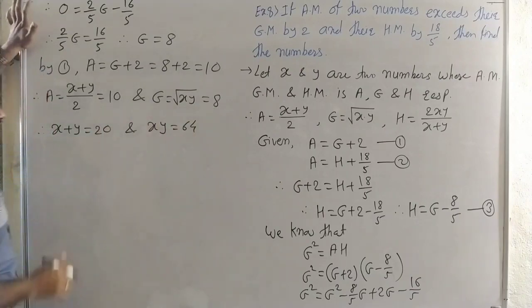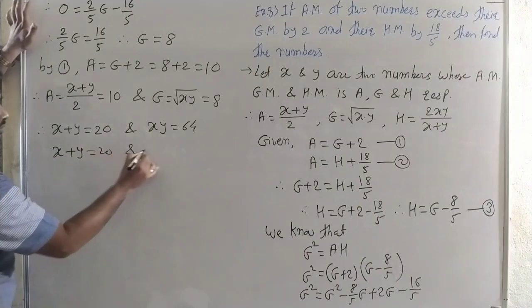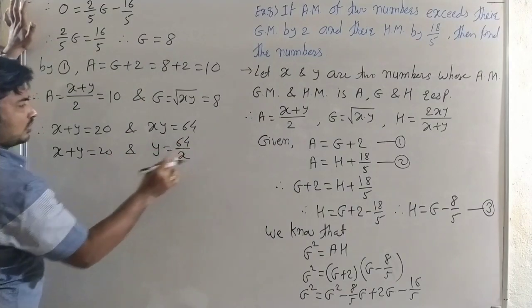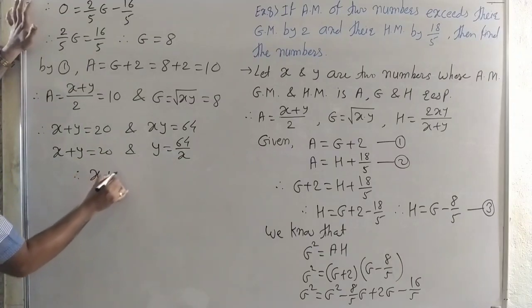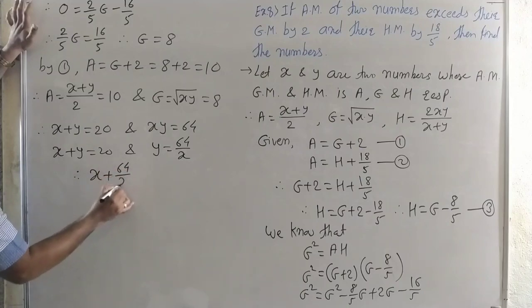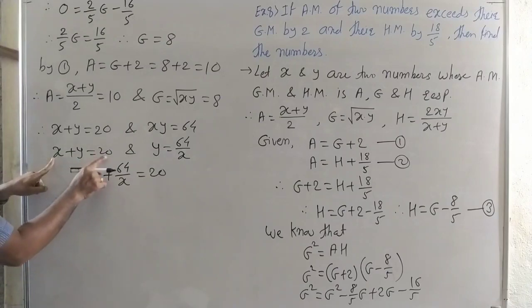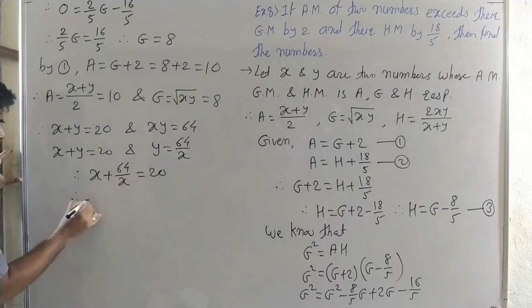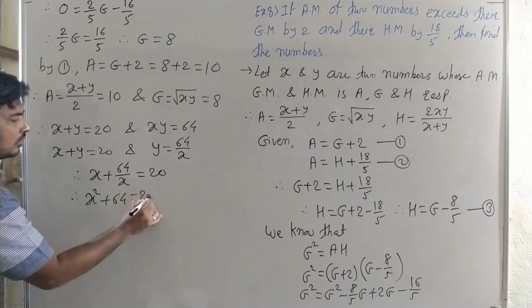Okay, and therefore when we take x + y = 20 and y = 64/x, put this y in this equation, and we can write x + 64/x = 20. Now multiplying by x, we get x² + 64 = 20x.